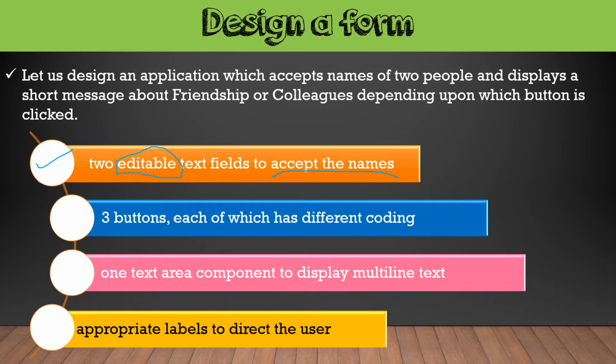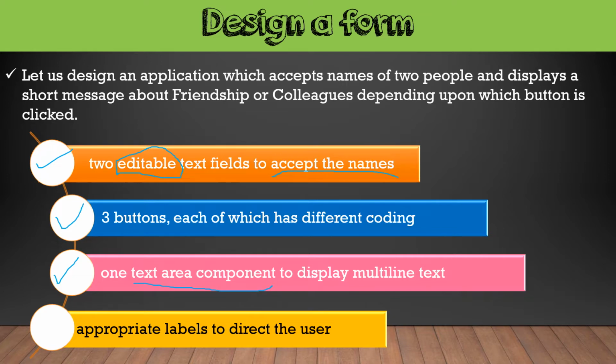And then three buttons, and all these three buttons will be having different coding. Then one text area component to display multi-line text. As I told you, text area component is used to display multiple lines whenever there are more than one line. So in that case you are going to use the text area component.